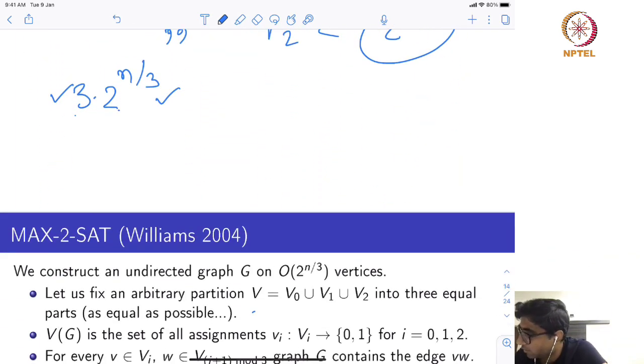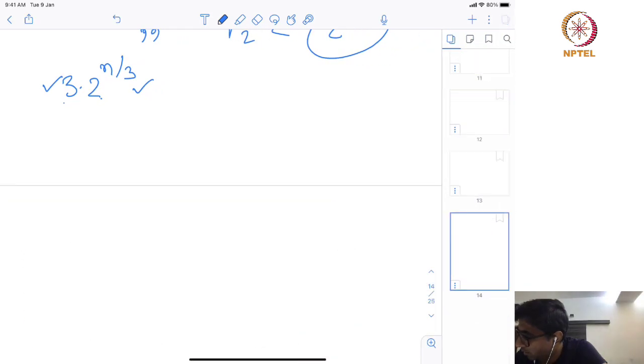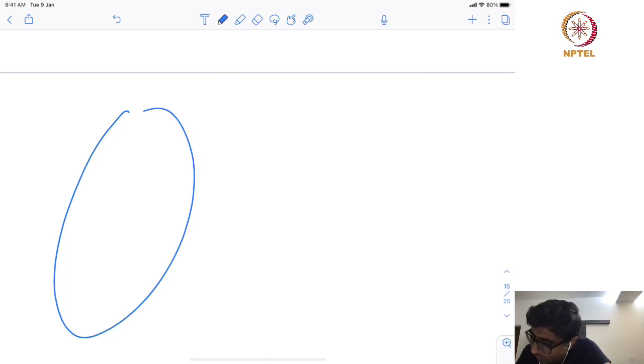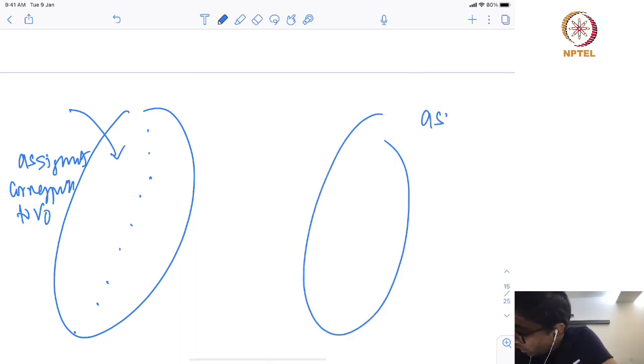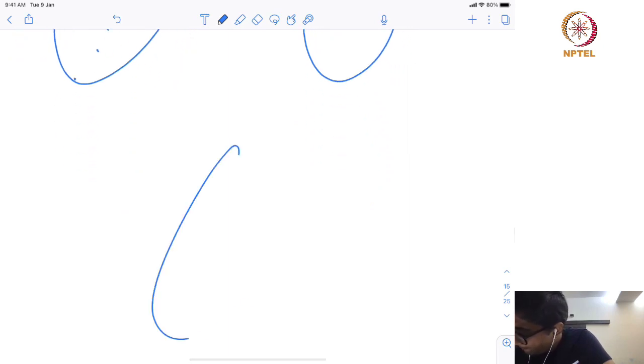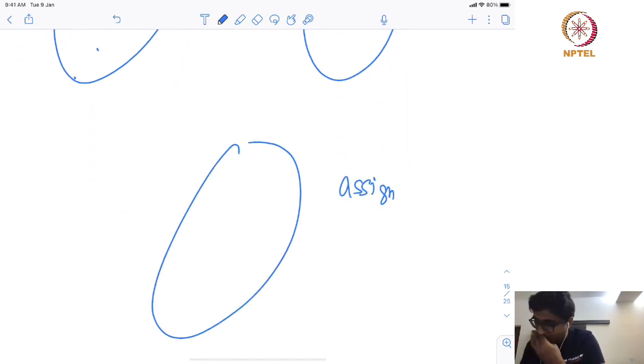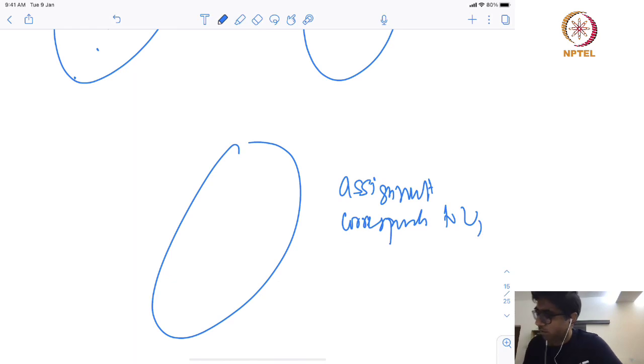So, now if you look at this, let us say these are assignments corresponding to v0, this is assignment corresponding to v1, and this is assignment corresponding to v2.